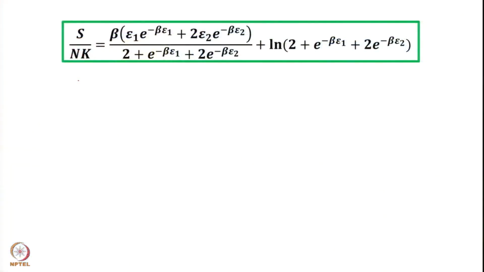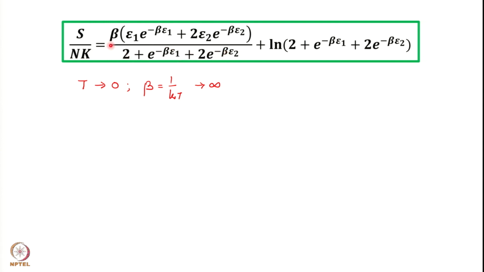What I mean is, let us discuss what happens when temperature approaches a value of 0. Then β, which is equal to 1 over kT, will approach a value of infinity. So in the denominator you have infinity.